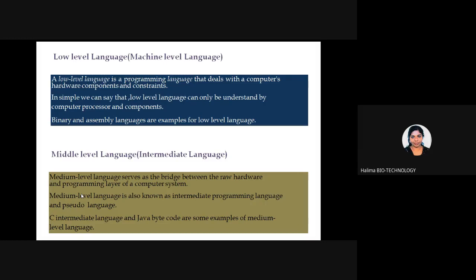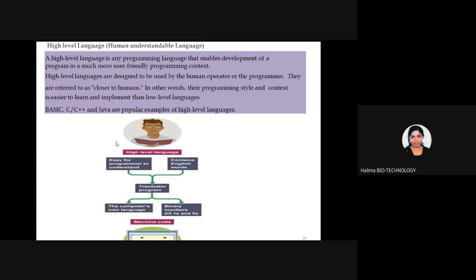That is why this was not successful at all. This started a very long time back, and for maybe just 2 to 3 years they used this middle level language and were fed up of it. And then they started with the high level language.